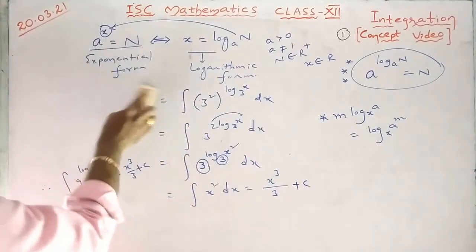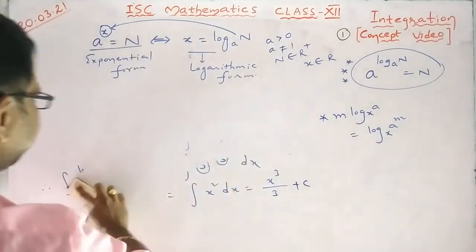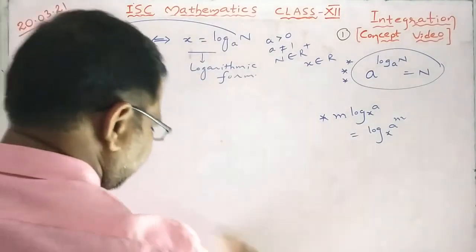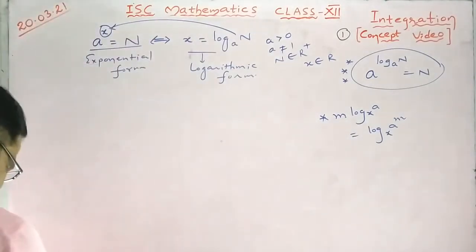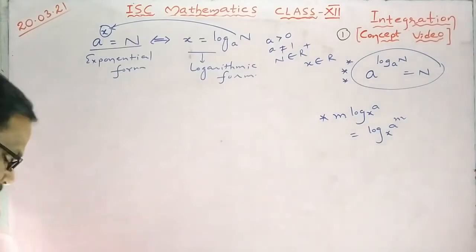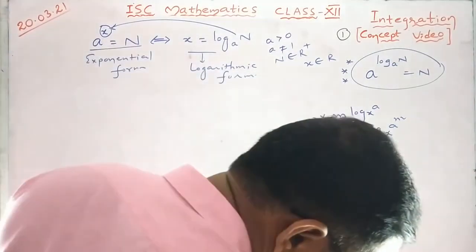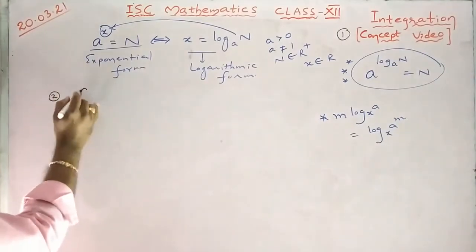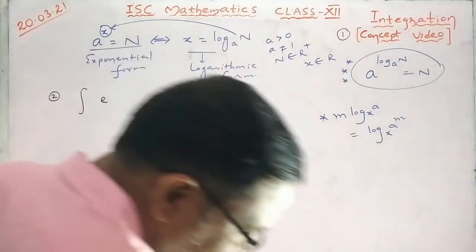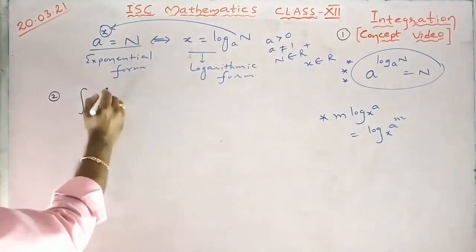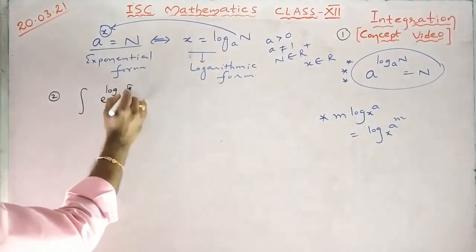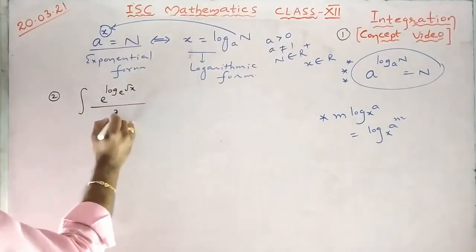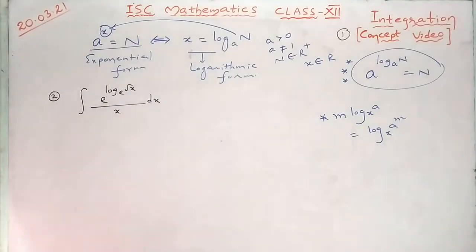So by using the logarithms concept also we can use it here. Similarly, if you solve one more problem, integral e power log root x to the base e by x dx.